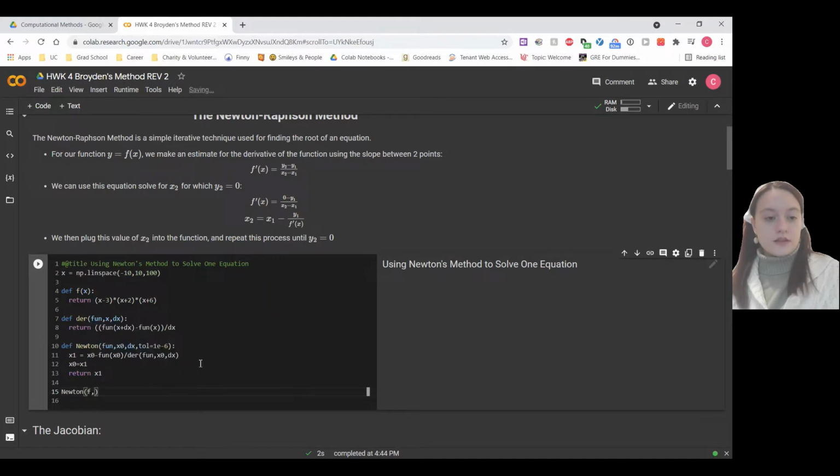We have our Newton's method function. Our initial guess, we'll use x equals 1. Dx, we'll say is, actually, I'll just set it to a constant, so we'll make it 1 times 10 to the negative 5th.